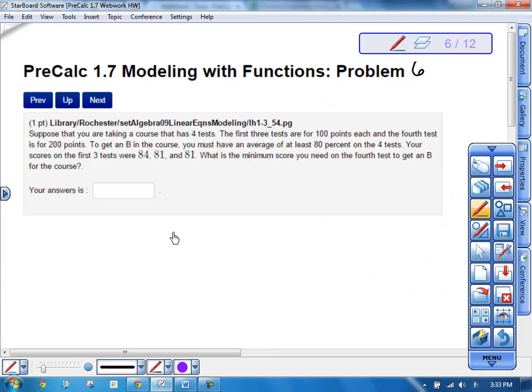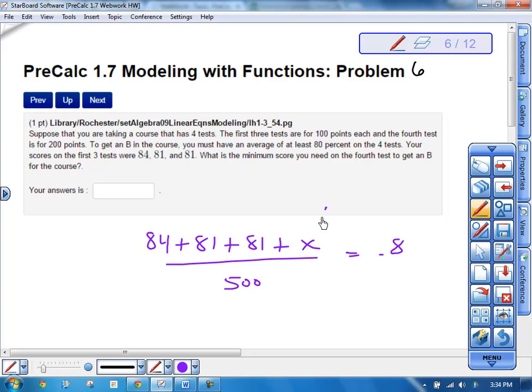Okay, the next problem says, suppose you're taking a test. A course has 4 tests. 3 tests are worth 100, and the 4th test is worth 200. So 84 plus 81 plus 81 plus this 4th test, all over a total of 500 points. It needs to give you an 80% in the class. So just solve for that.